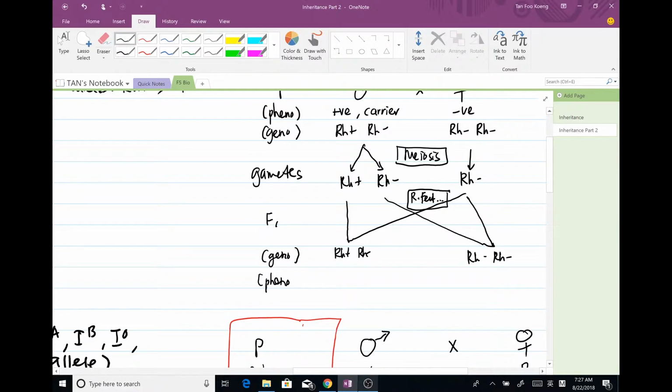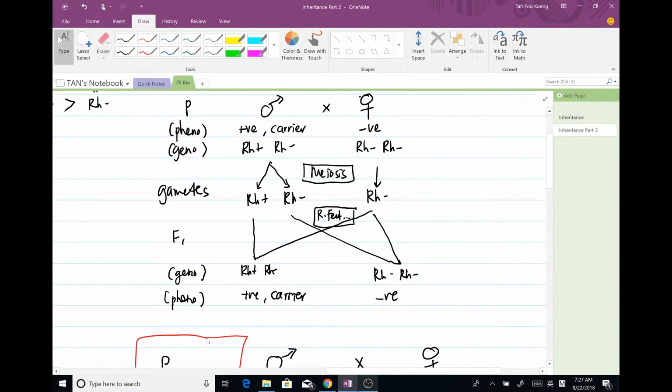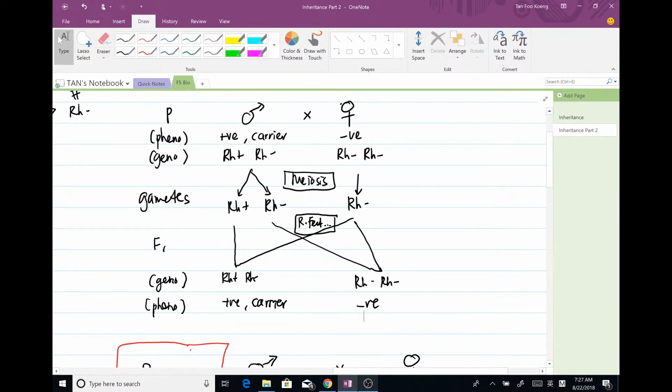Thus, the phenotype of the F1 generation would be positive carrier, and then negative. So that means regardless of the gender, because this is not a sex-linked disease, 50% will be negative, having negative blood. Now the other 50% have positive blood. However, they are carriers.